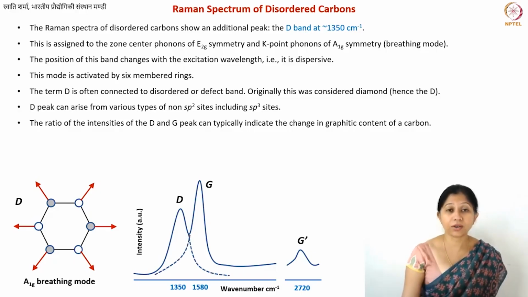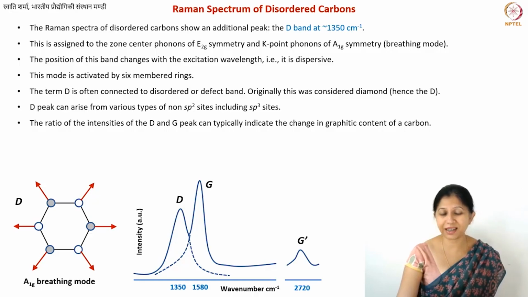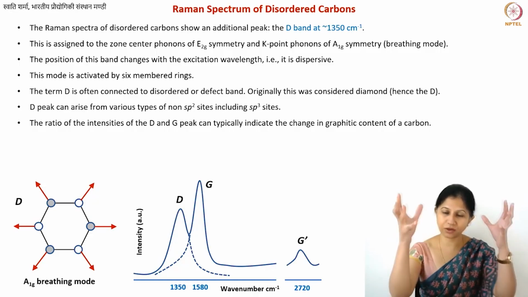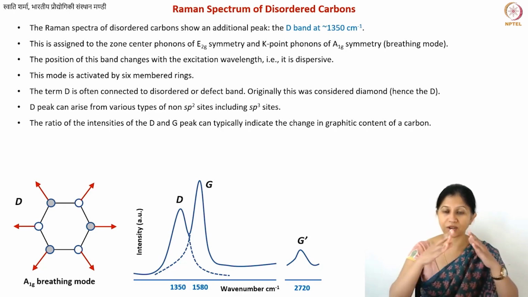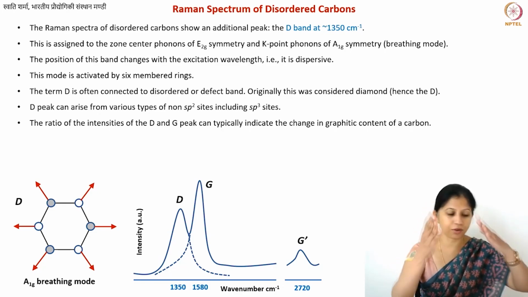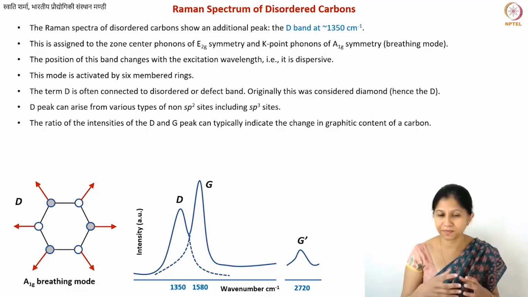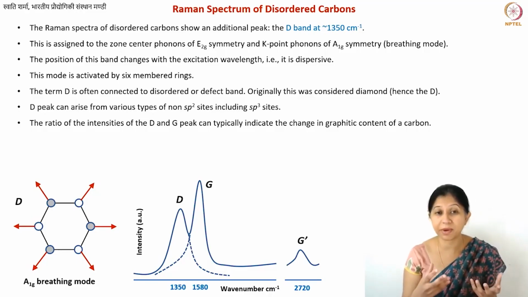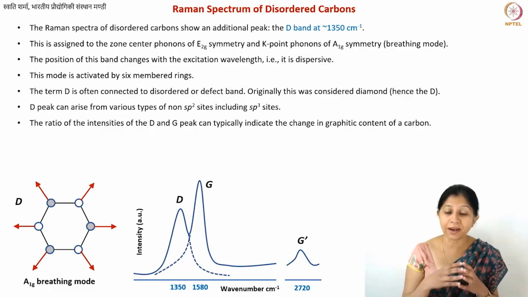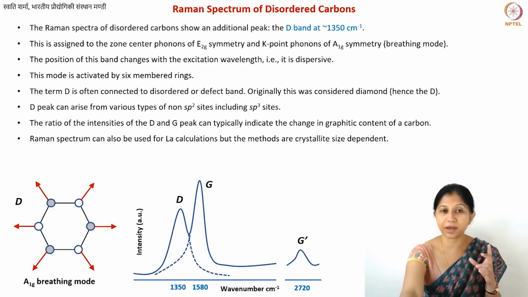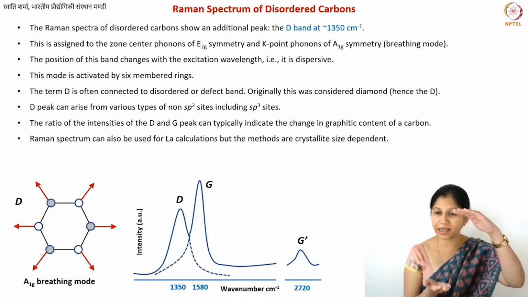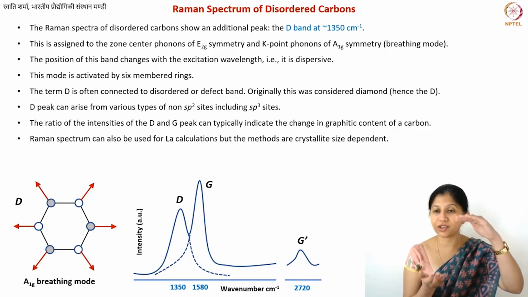Okay. Now I told you that what is challenging here is the integration of these two peaks, because these two peaks are often merged. So what you need to do is use certain software, and then you need to fit these curves. And the fitting parameters can actually make a lot of difference, because often in order to understand the increase in graphitization, one important parameter that you use is the intensity ratio between the D and the G band.